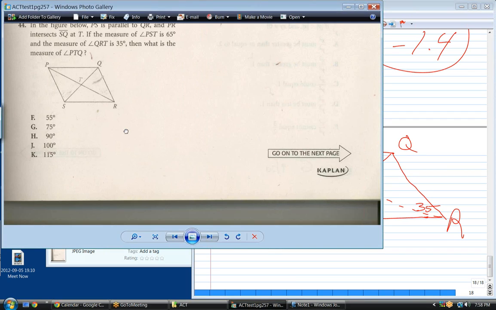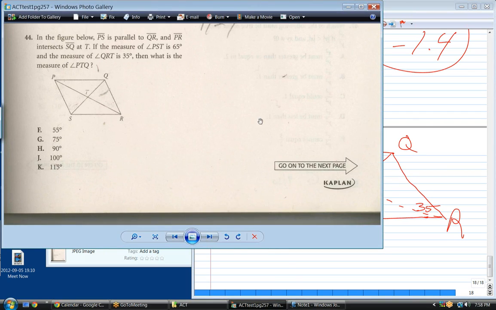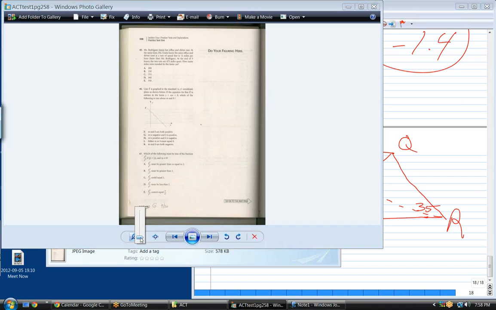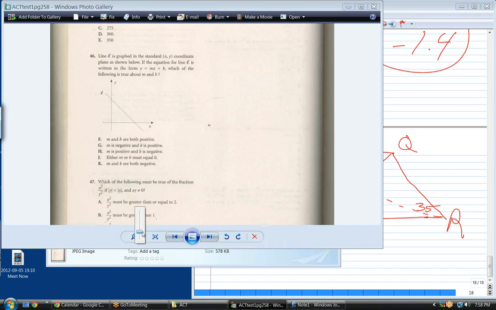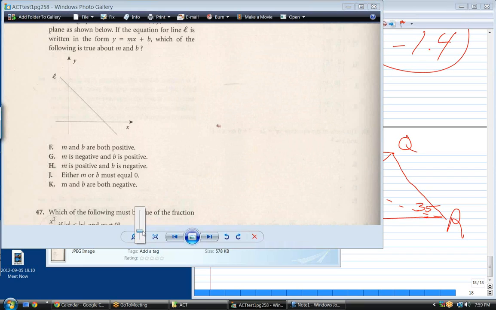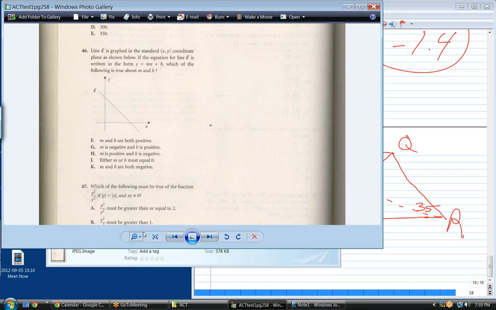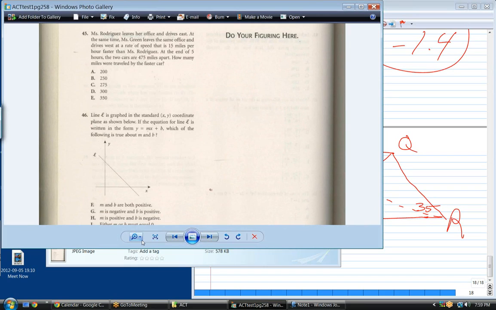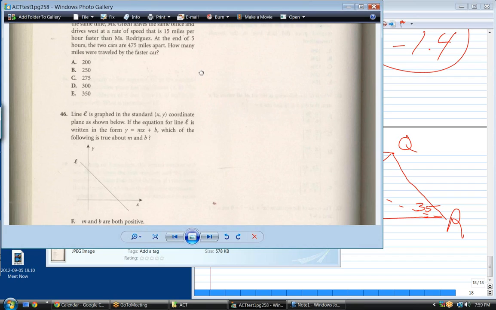We need 258 next. I can't overemphasize this principle: if you don't know how to begin on a problem, begin somewhere. Just begin and start writing down information that you know.